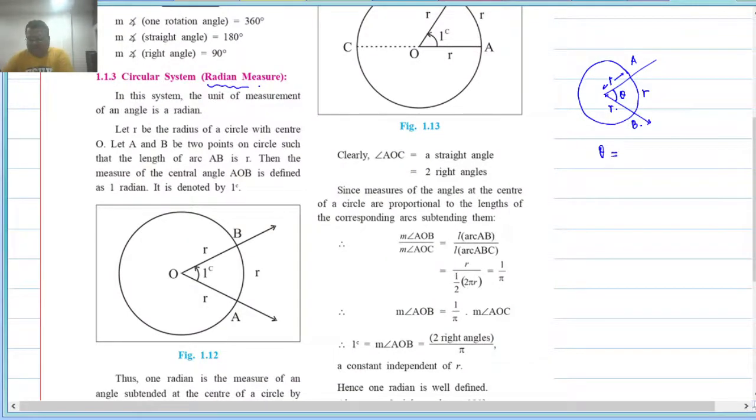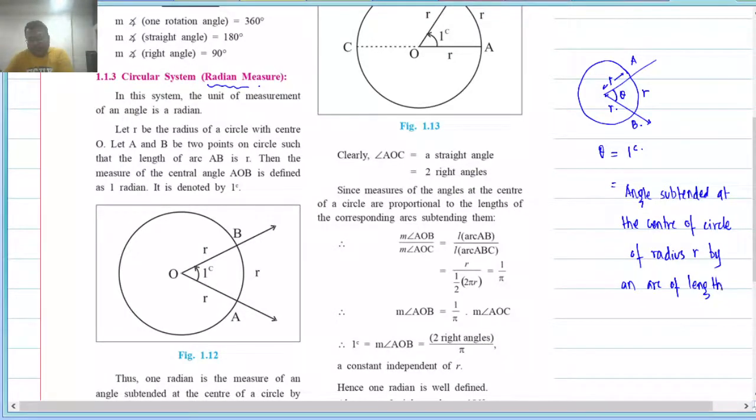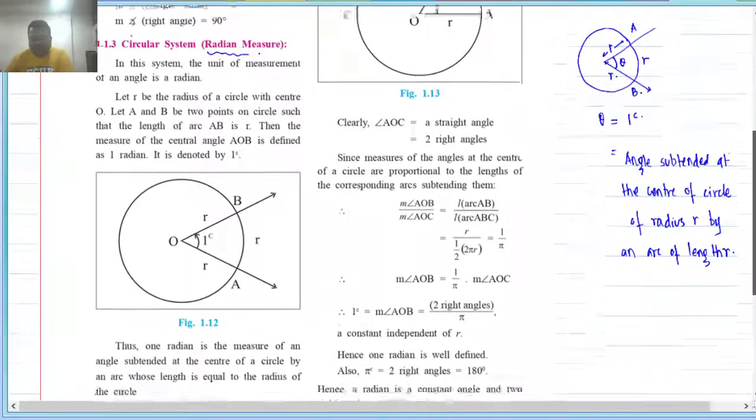In that case, the angle subtended at the center will be 1 radian. What is theta? Angle subtended at the center of circle of radius r by an arc of length r. So that is the concept of 1 radian.